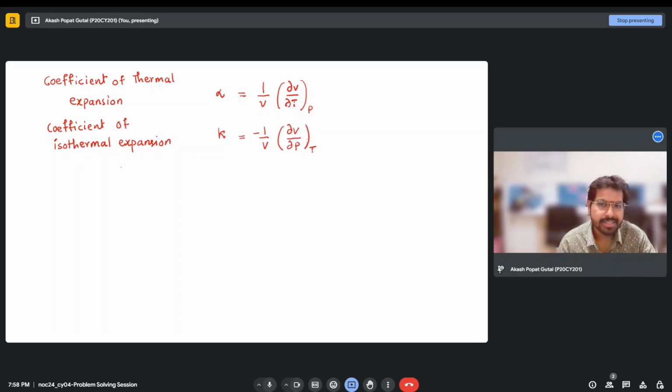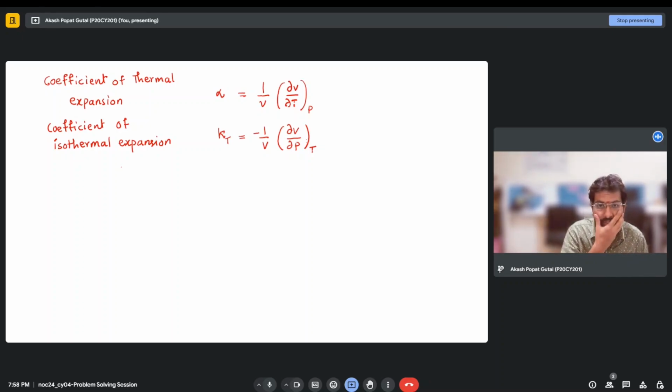Here also the sign can be remembered using proportionality. T and V are directly proportional. So the sign is positive in case of alpha, and in case of kappa, you can see V and P are inversely proportional because PV is equal to nRT. If you keep V on the left hand side, then it will be 1 by P. So P and V are inversely proportional.